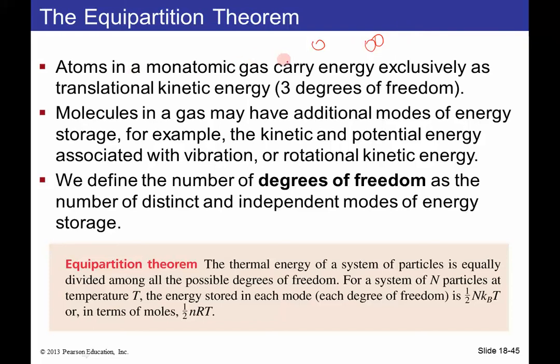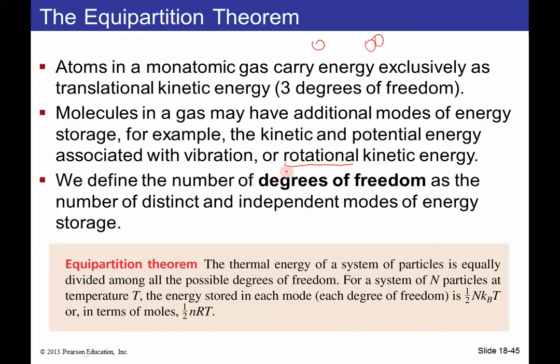So atoms in a monoatomic gas carry energy exclusively as kinetic energy, 3 degrees of freedom. Other particles may have additional modes of energy, for instance potential energy and rotational energy. So this rotational energy is the extra degrees of freedom in a diatomic gas.